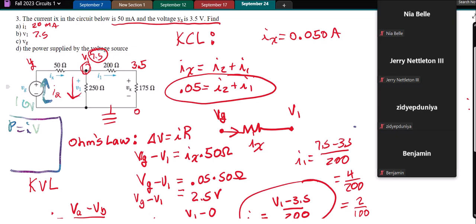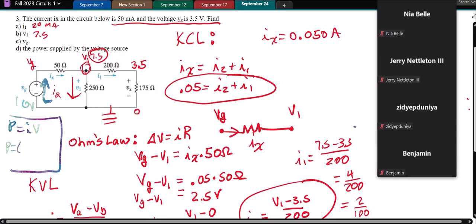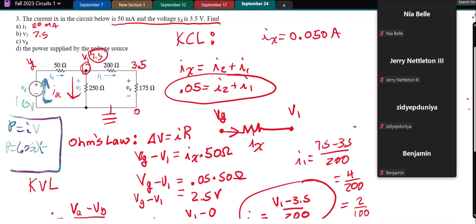It's going into the negative side of the voltage source. And the current that's going into it is IX. So IX was 50 milliamps, so that's 0.05. And it's going into the negative side, so I'll make that negative. And the voltage was 10, so negative 10.